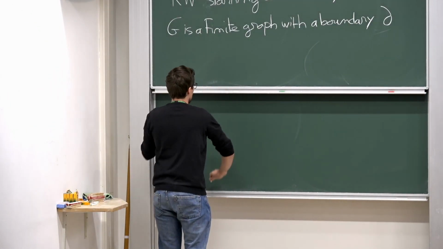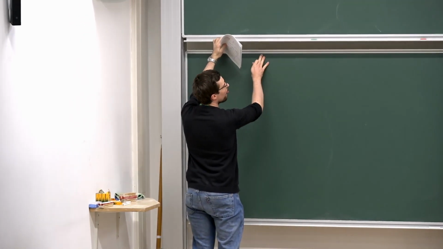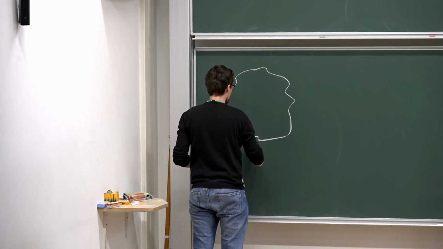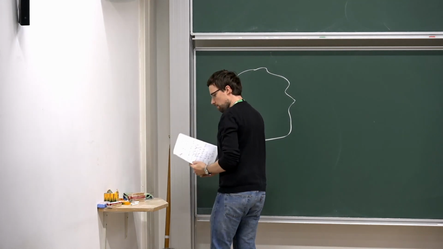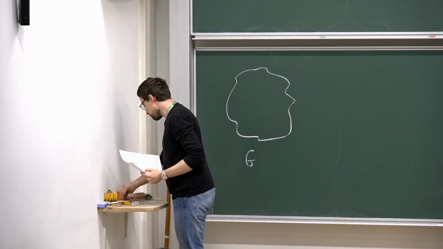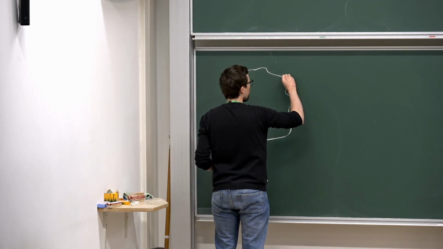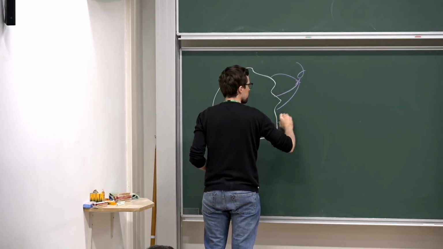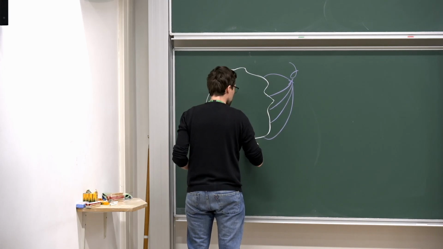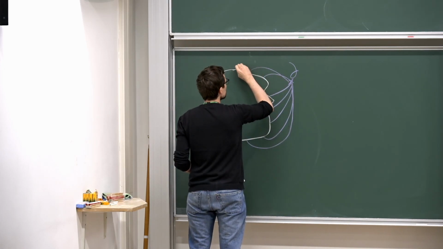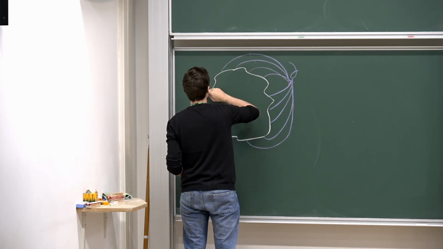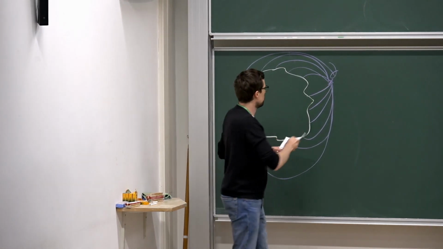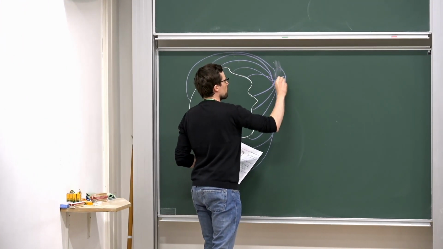So you have your graph, and then some vertices are part of the boundary, and these vertices I will merge together into a single boundary point, like that. And I will replace all of my edges that were going to a boundary point by an edge going to my boundary point here.